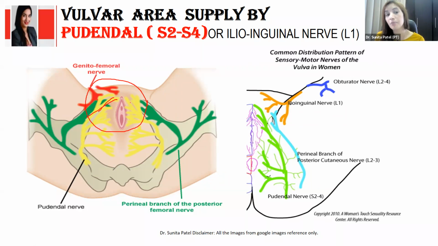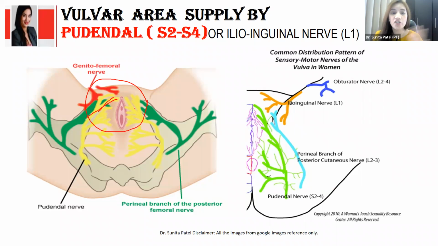Millions of nerve endings are coming. Those nerve endings are not only from the pudendal nerve. This is the main nerve, but there are nerves from the posterior cutaneous nerve, ilioinguinal nerve, obturator nerve, genitofemoral nerve. Many nerves come into the picture around this area. I will show one cluster of nerve endings, how they are going into this, the diagrammatic picture.